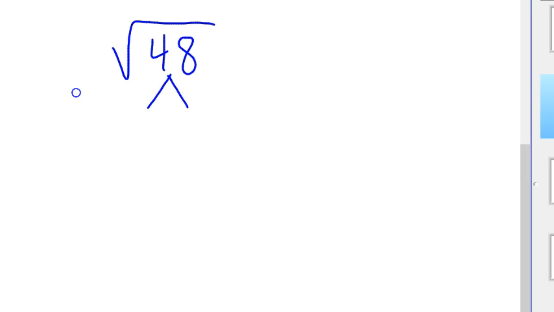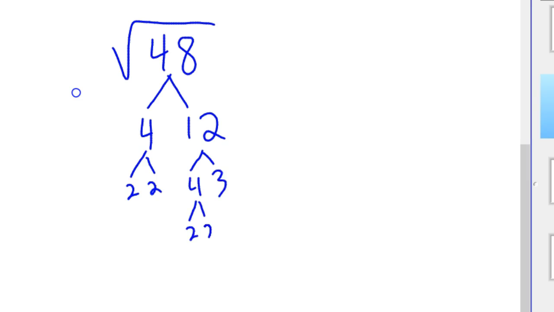So 48 breaks into 4 and 12, and 4 breaks into 2 and 2, 12 breaks into 4 and 3, 4 breaks into 2 and 2. So if you think about it, we've got a pair here, a pair here, with a 3 left over. The prime factorization was 2 times 2 times 2 times 2 times 3.